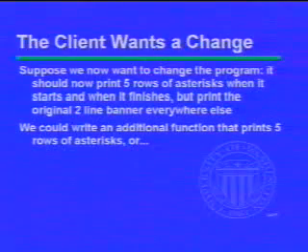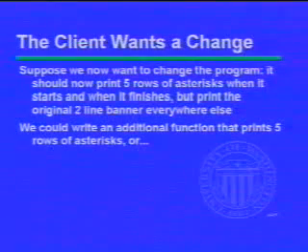Let's consider one of these changes and see how it might affect us and how we might handle it. Suppose the client now decides 2 rows is not enough. There should be 5 rows of asterisks when the program starts and stops. But all the other times, there should be only 2.